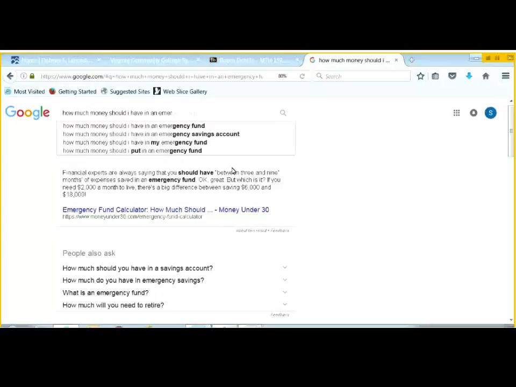Financial experts are always saying you should have between 3 and 9 months of expenses saved in an emergency fund. Okay, great, but which is it? If you need $2,000 a month to live, there's a big difference between $6,000 and $18,000. I don't know what the answer is.